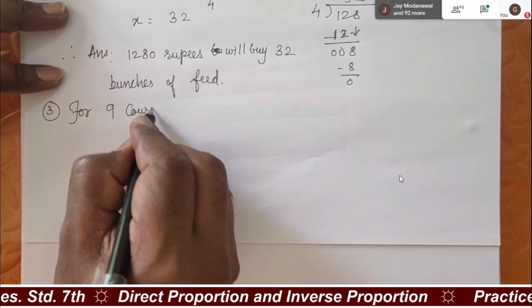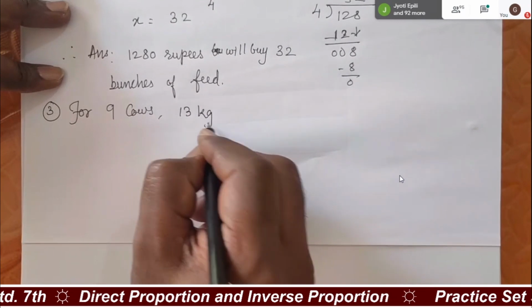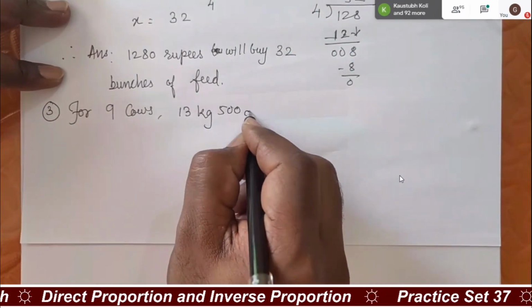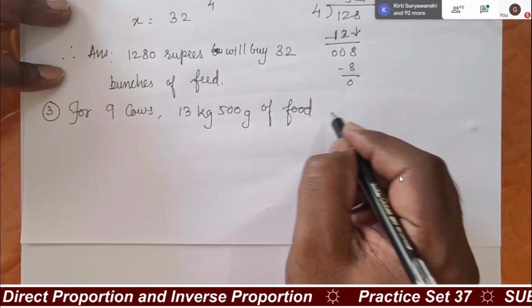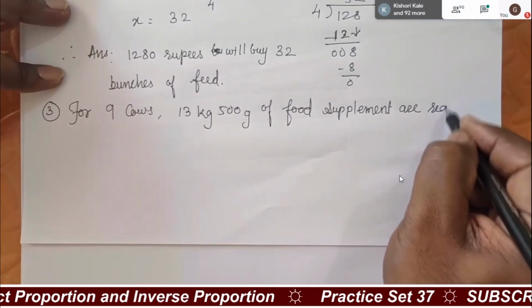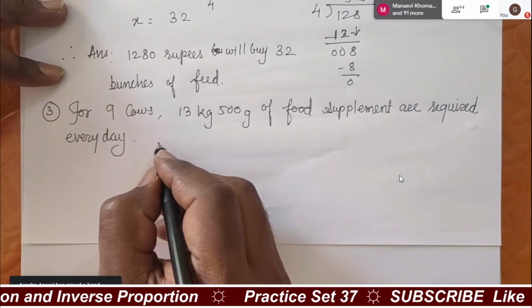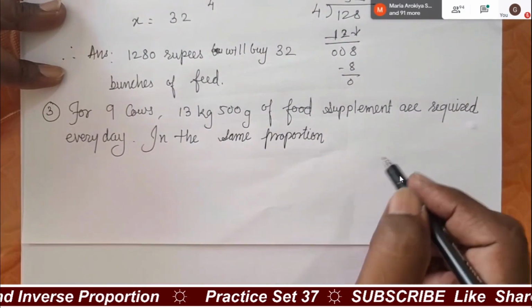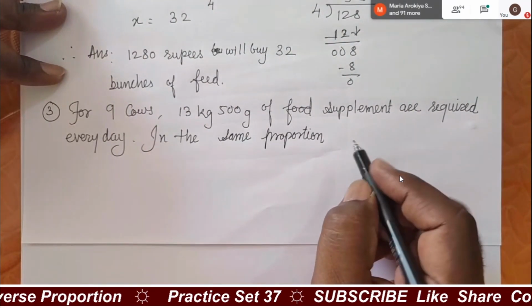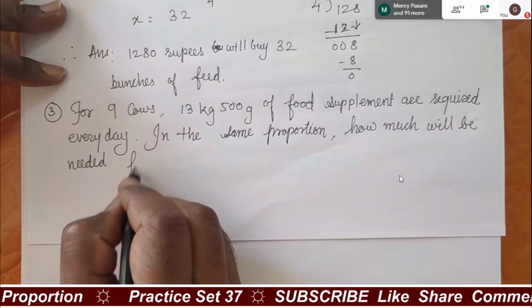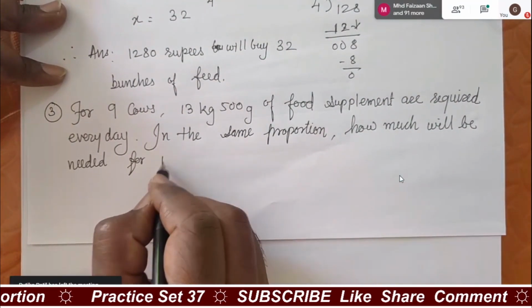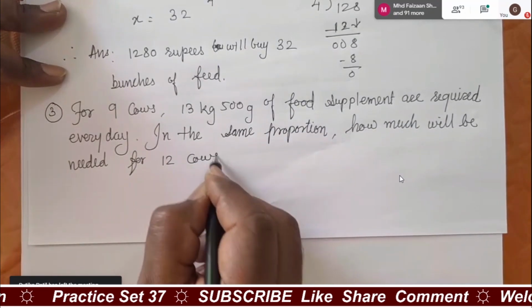For 9 cows, 13 kg 500 gram of food supplement is required every day. In the same proportion, how much will be needed for 12 cows?